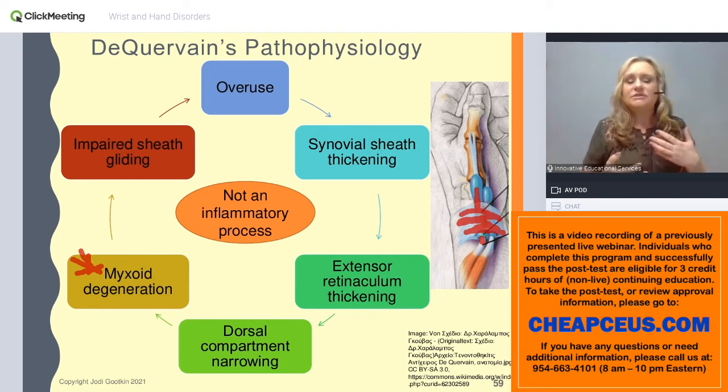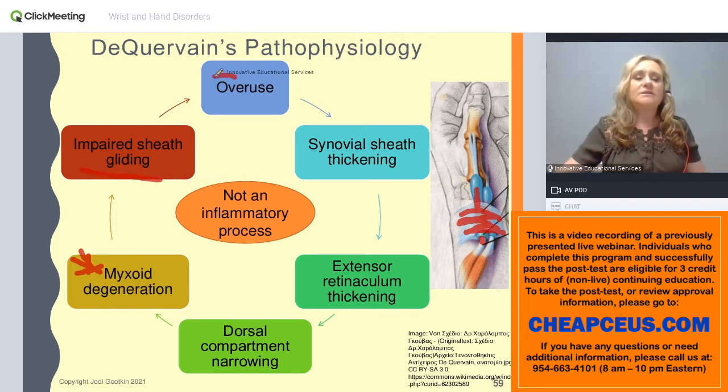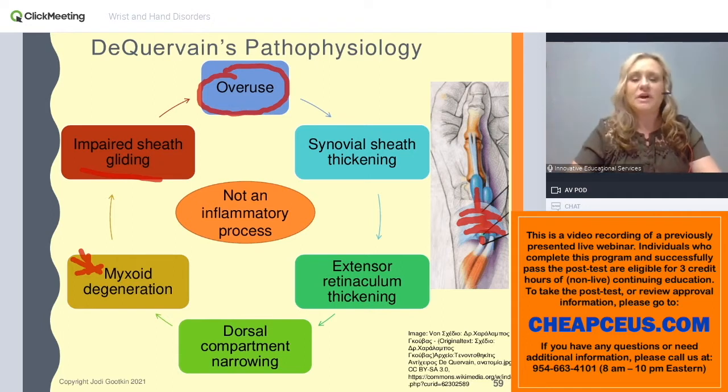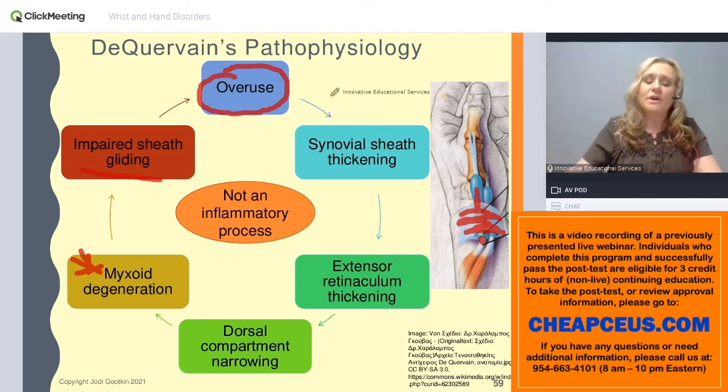There was really disorganized cellular matrix, and it didn't really heal well. So when you combine all this, we have impaired gliding, and the perpetuated use kind of adds to this pathology. That's really more consistent with degeneration as opposed to an inflammatory condition.